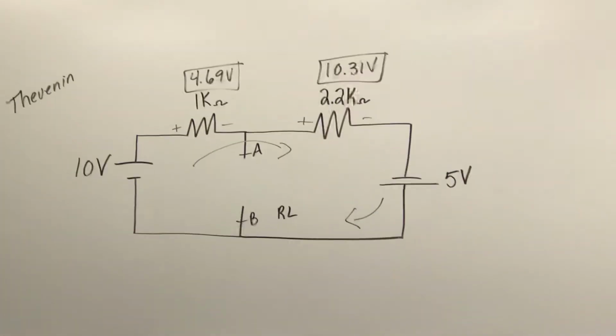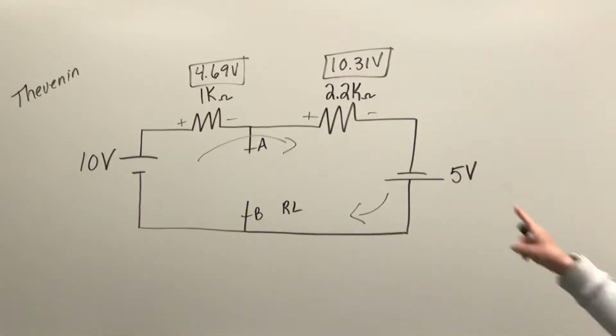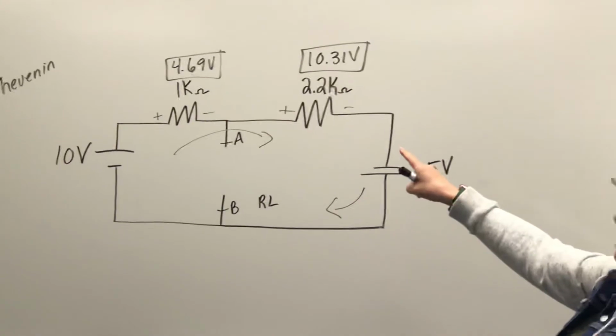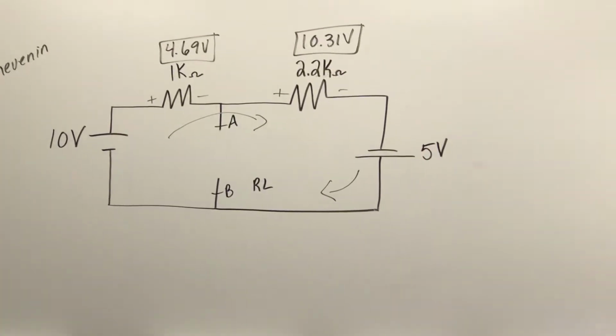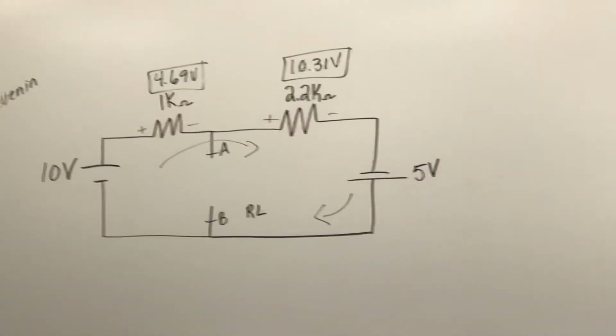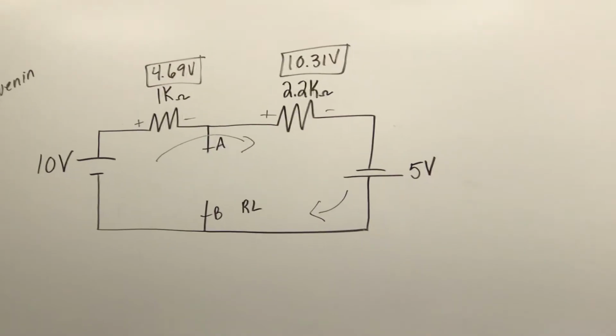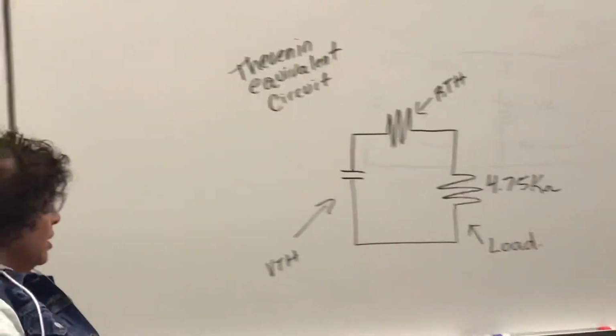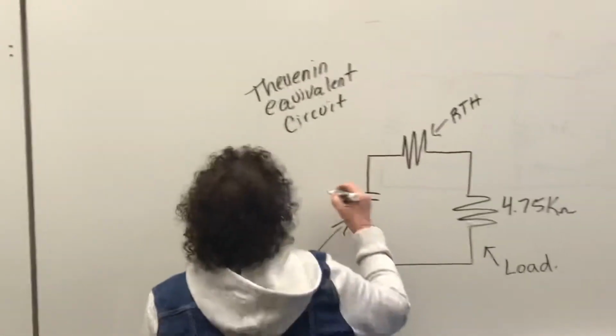If we go the opposite way, we'll be negative 4.69 volts plus 10 volts. You should get the same thing, 5.31 volts. So your VTH we can now place on the Thevenin equivalent circuit of 5.31 volts.